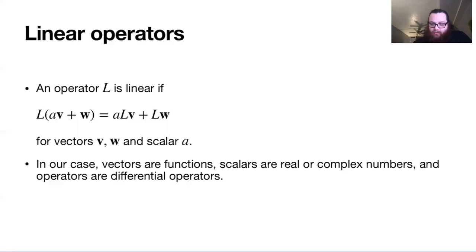So, what is a linear operator? An operator L is linear if, when you apply it to a linear combination of two vectors, V and W, where A is some scalar, L distributes across addition of vectors.